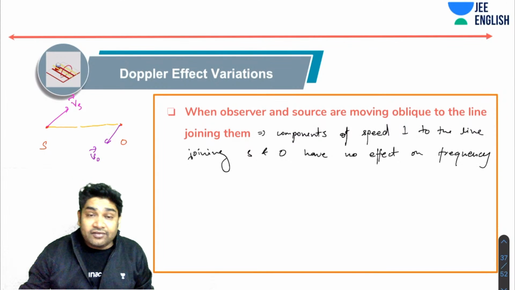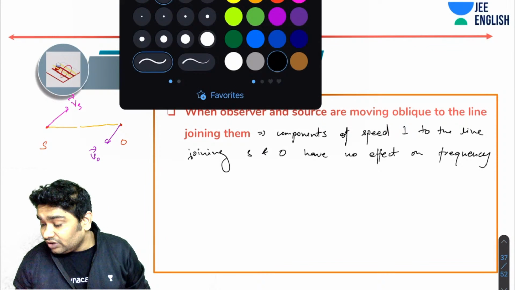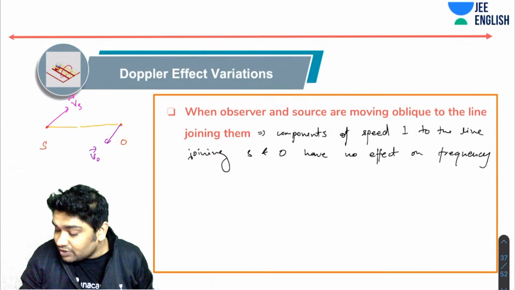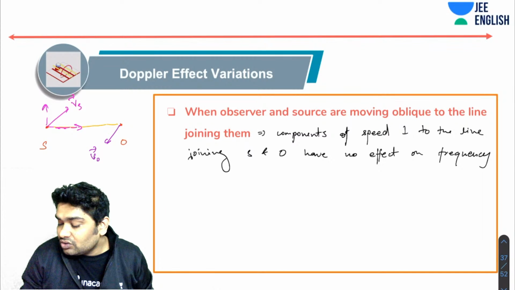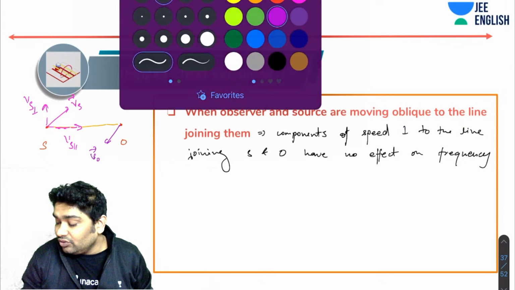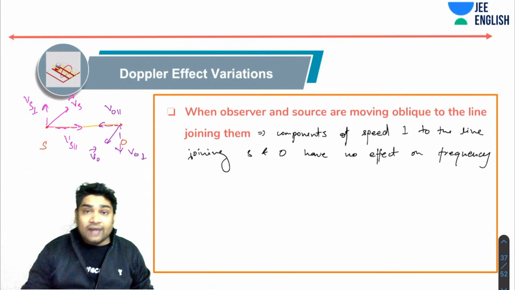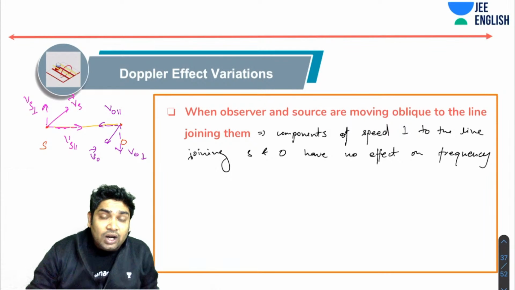Okay, so whenever I have to apply the Doppler equation, I will always resolve these two velocities into components. So one is Vs parallel and one is Vs perpendicular. Similarly, I will resolve this into Vo parallel and Vo perpendicular. Now I will only consider the velocity along the line joining them.